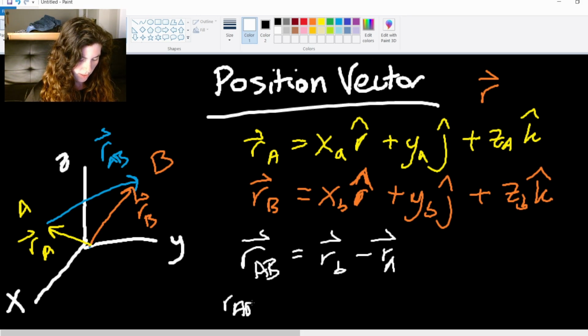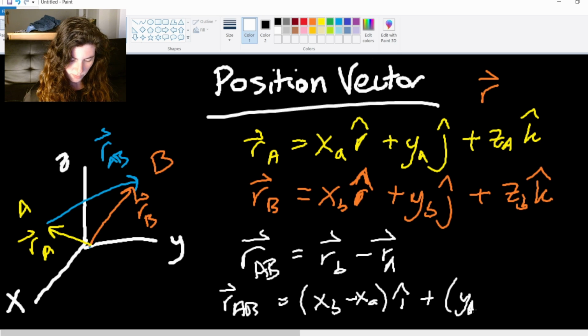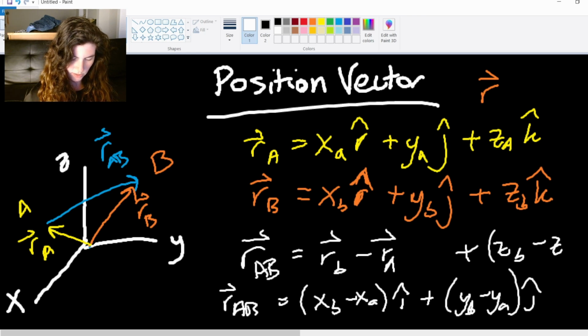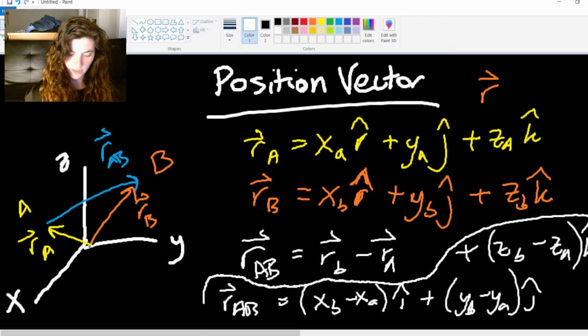So your RAB is going to be your x component of B minus your x component of A, i hat, plus y component of B minus y component of A, j hat, plus z component of B minus z component of A, k hat. So this is our position vector formula. We can find any position vector using this vector subtraction.